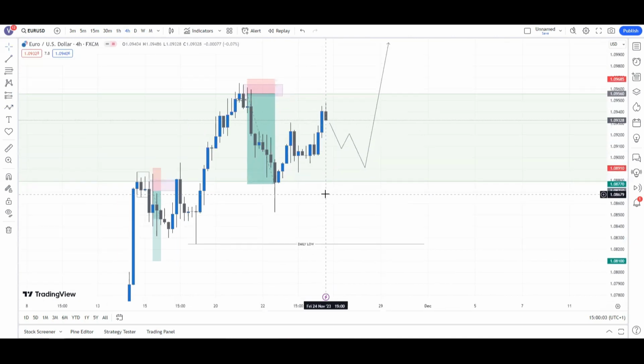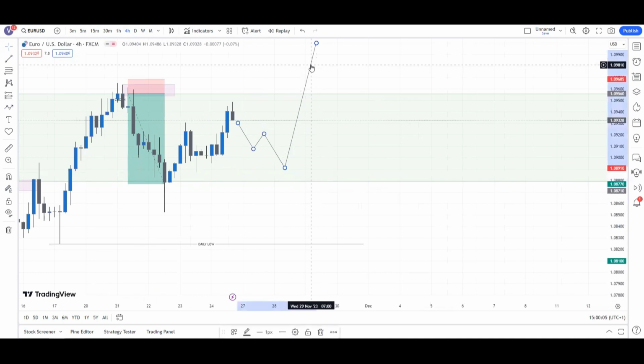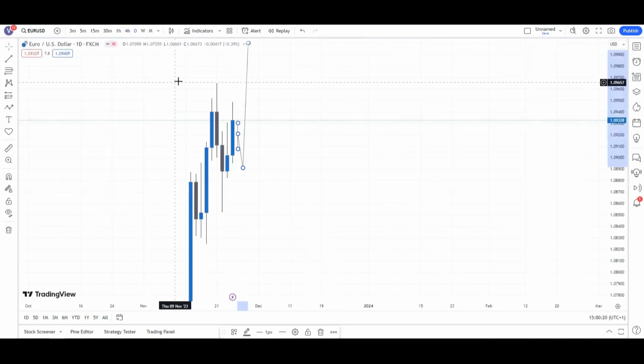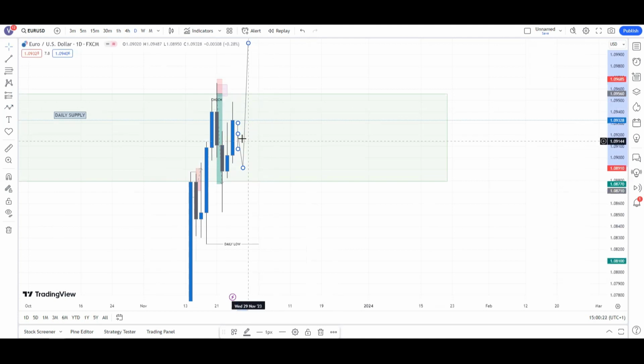So now I'm expecting price on EURUSD to rally down for a bit, then continue going up. Overall, I just want to see a bullish close above the previous one, so we have the first, second, and third bullish candle.